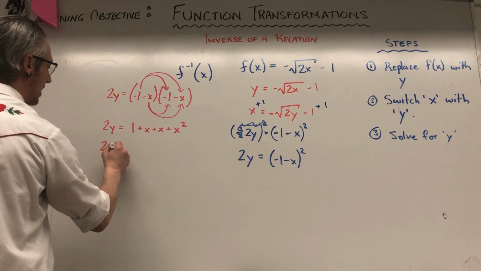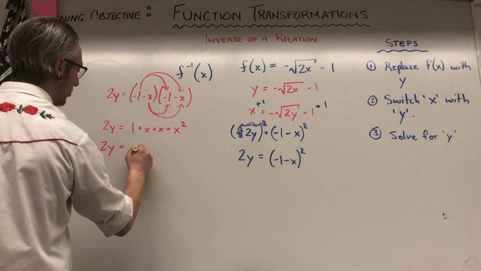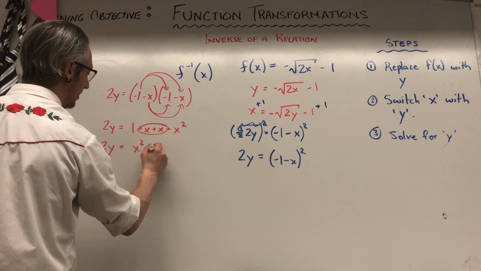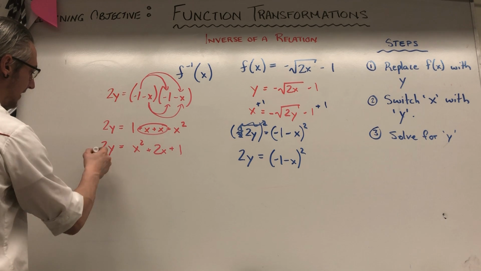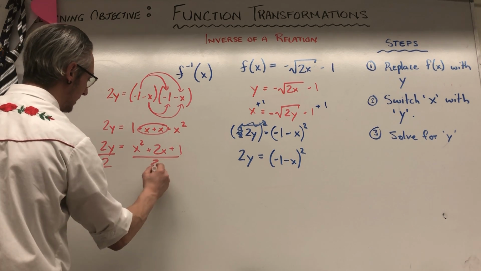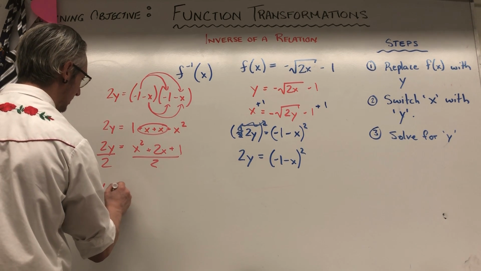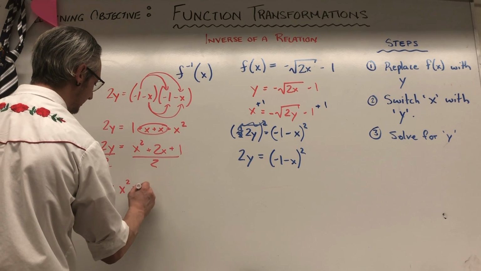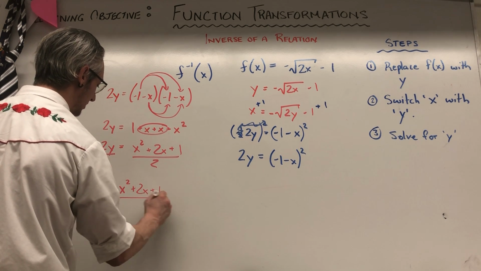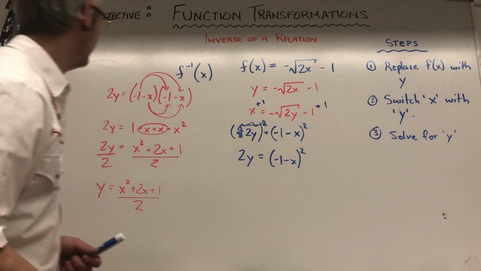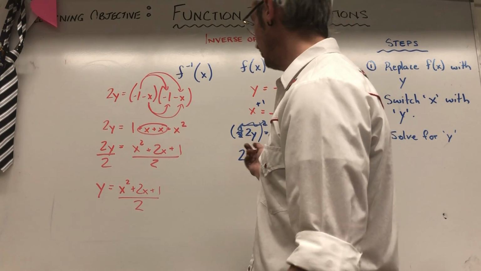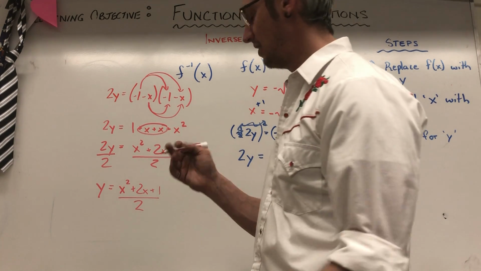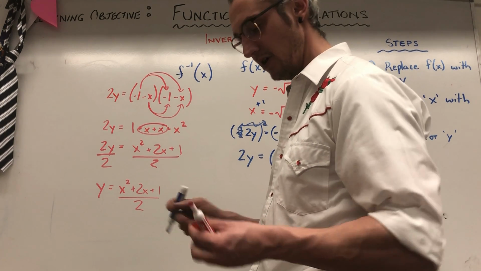So I get 2y is equal to x squared, and I'm going to collect those two x's, plus 2x plus 1. And then I'm going to divide it all by 2. And I get y is equal to x squared plus 2x plus 1 over 2. I probably could have left it in the squared form and just divided by 2, but I'm a complicated man and I do complicated things sometimes.